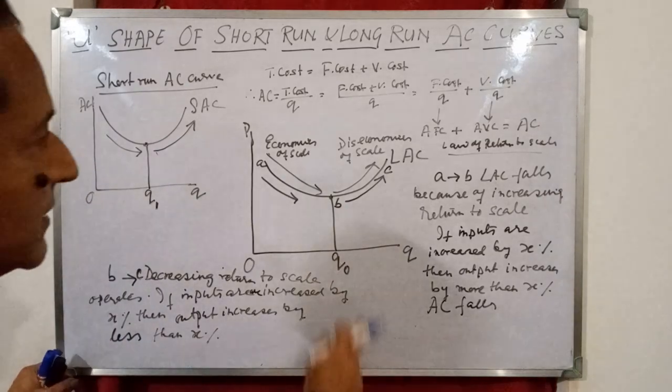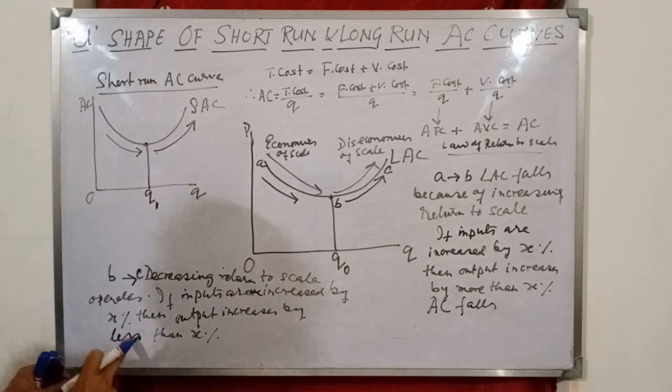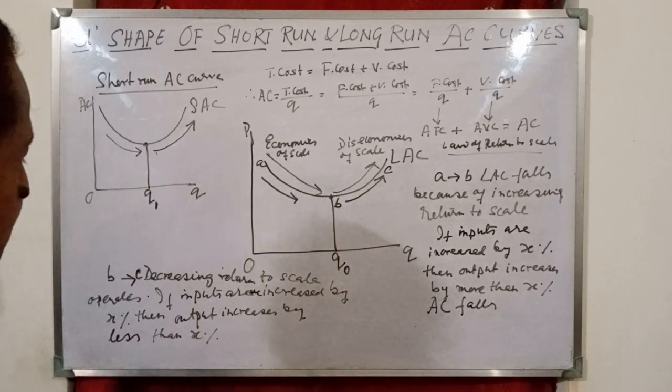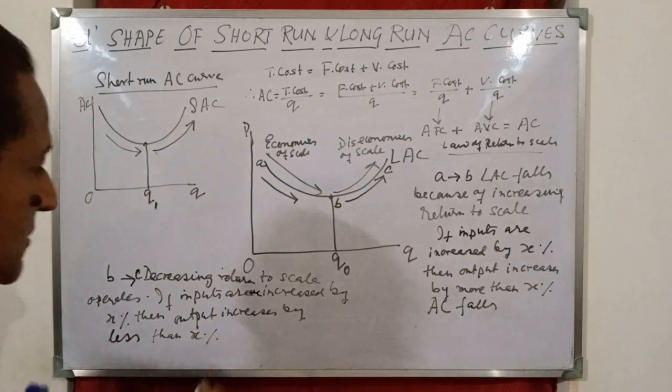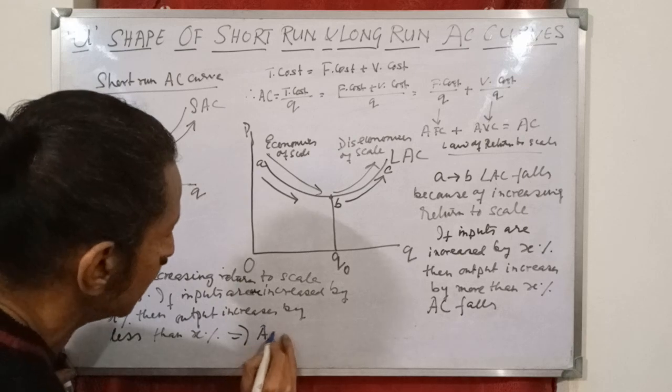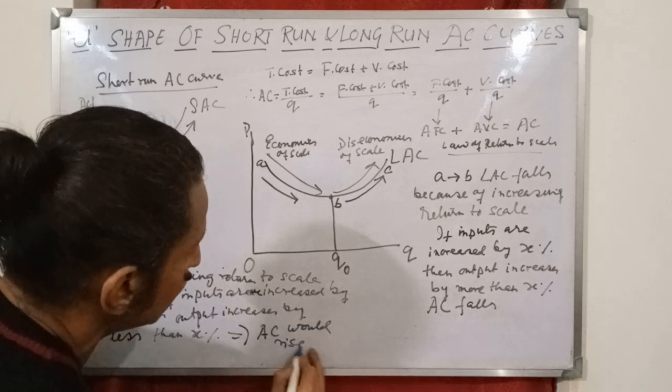I beg your pardon. In case of decreasing return to scale, if inputs are increased by X%, then output increases by less than X%. So here what will happen? Average cost would rise.